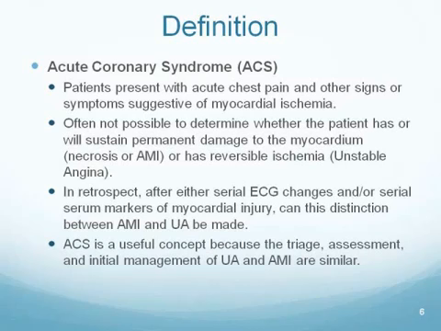Another option, of course, is if the patient presents initially with ST segment elevation on their electrocardiogram, and in that case, they're given a diagnosis of ST segment elevation MI. In any case, having this umbrella term of ACS is useful because, in fact, patients with unstable angina and acute MI are generally treated in a very similar manner.